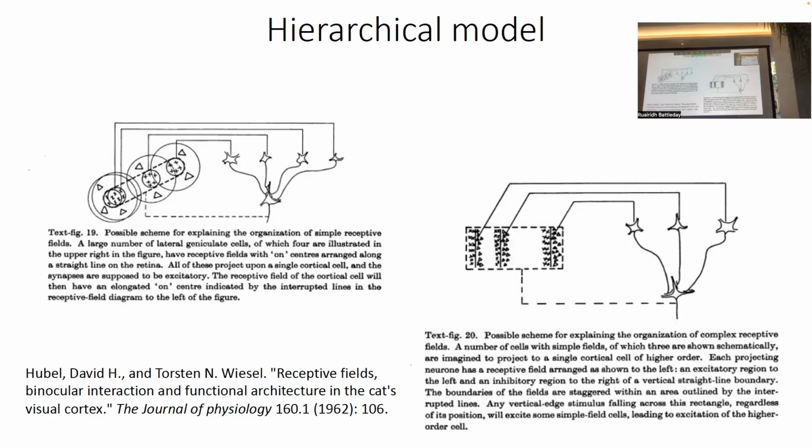And for a complex neuron, we see different simple neurons that have selectivity for the same orientation, but different phases. They're connected to a neuron in V1, so that gives them the phase invariance.